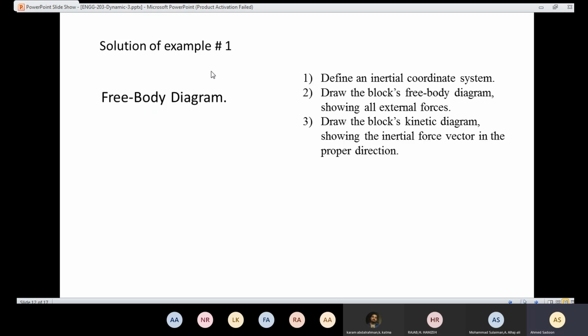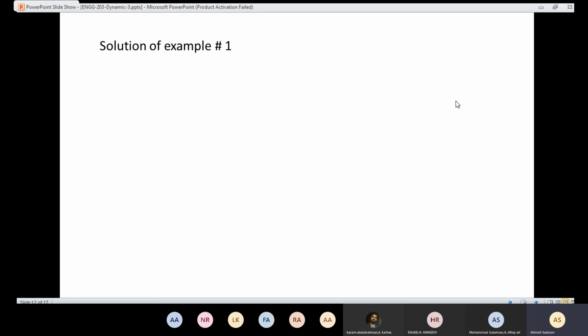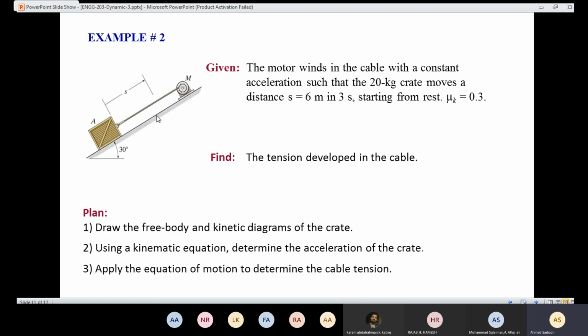So let's see the first step, the free body diagram. We need to define an inertial coordinate system. So this time, since the surface here has an angle equal to 30, we are going to put the coordinate system aligned to that surface. It should be aligned to that surface. So I'm going to have x and y, because in x we are going to have the direction of the motion.